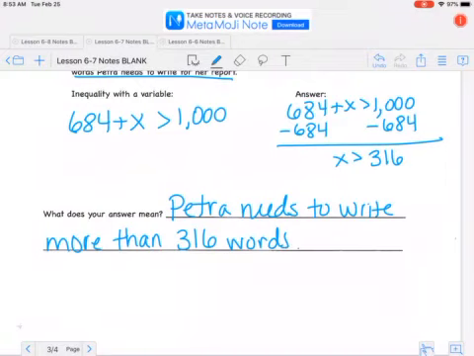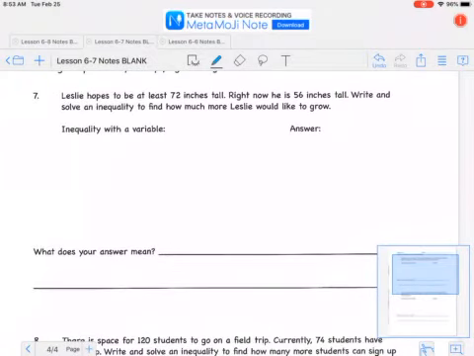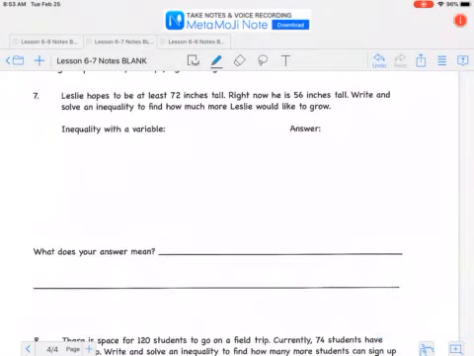Alrighty, go ahead and flip it over to the back. 2 more problems. Okay, so it says, Leslie hopes to be at least 72 inches tall. Right now, he is 56 inches. Write and solve the inequality to find out how much more Leslie would like to grow. So, it's at least 72.